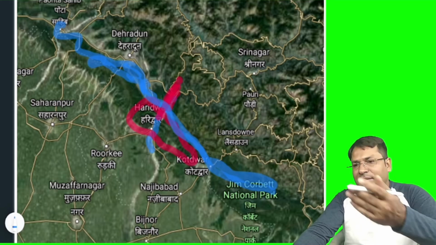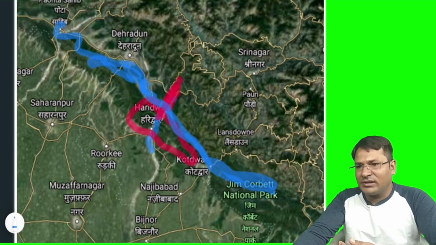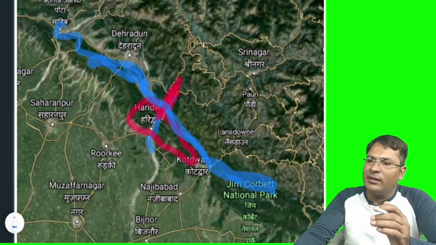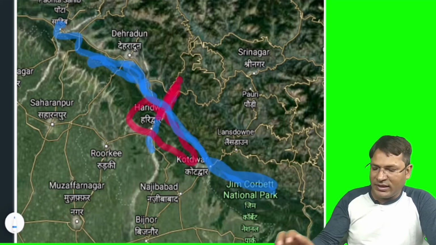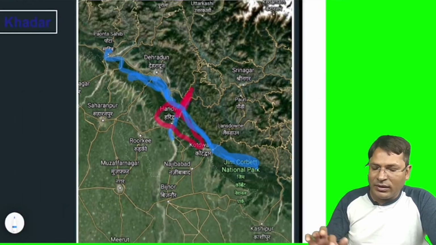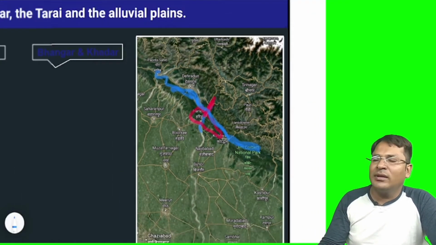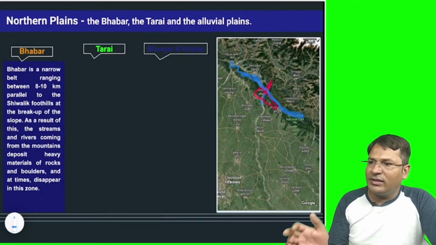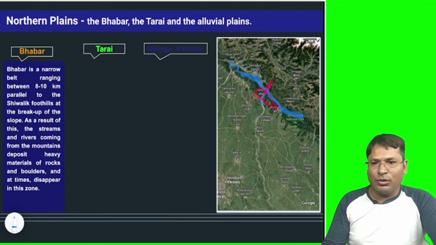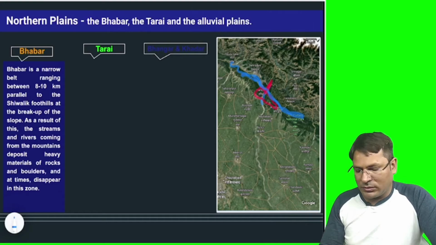After them the plains start, and that particular area is known as the Bhabar area, and the characteristic of this area is that the rivers deposit the big stones and boulders and disappear. The water of the river disappears in the boulders and the big stones.